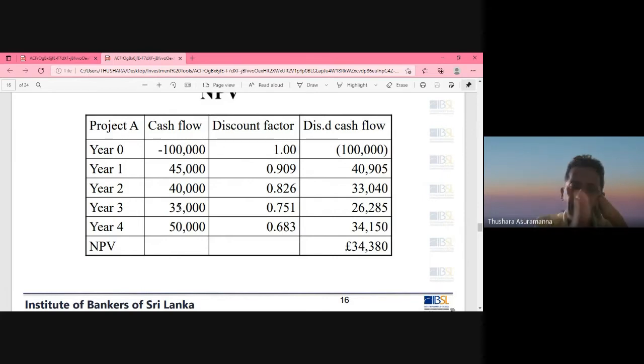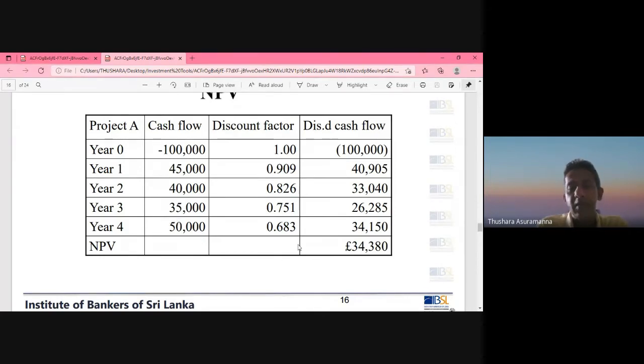Instead, they have taken the net cash flow. See whether you understand this. Year 0, no worries, because 100,000 is going out. Year 1, year 2, year 3 have been given as 45, 40, 35. In year 4, we have 30 plus 20, because the 20,000 is the residual value and 30,000 is the cash flow, so 50,000.